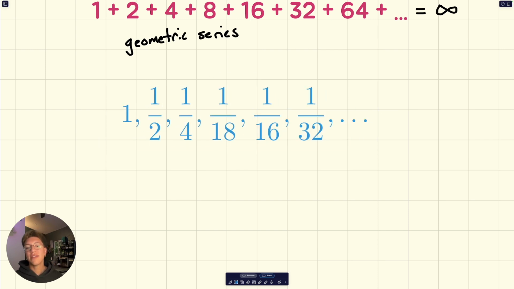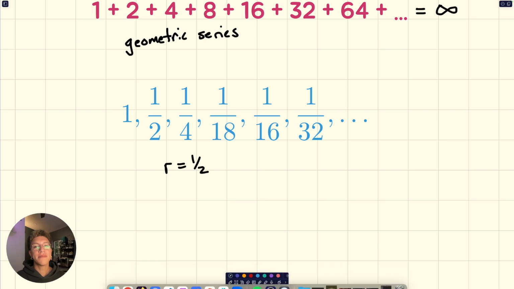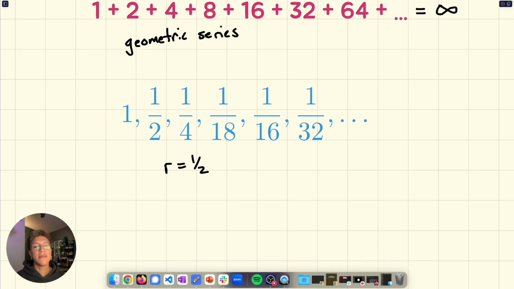So instead of doubling, we're taking half. We're going to keep it pretty simple, and we can say here, our r is 1/2. And if we ask the question, what's the sum of all of these numbers, if we were to do a series for this, any guesses what the sum of this sequence of numbers would be as we go towards infinity?